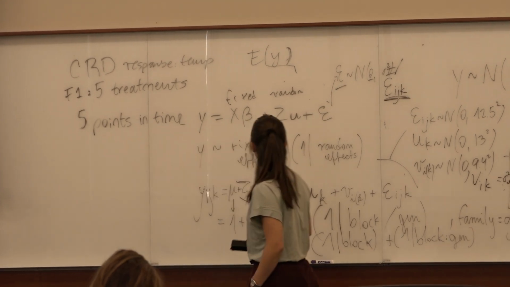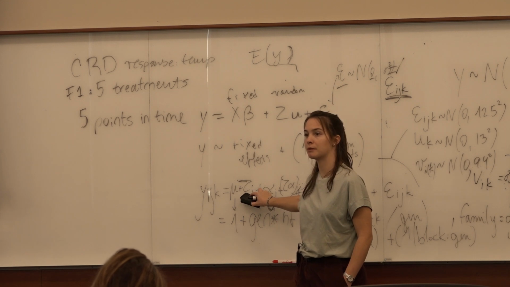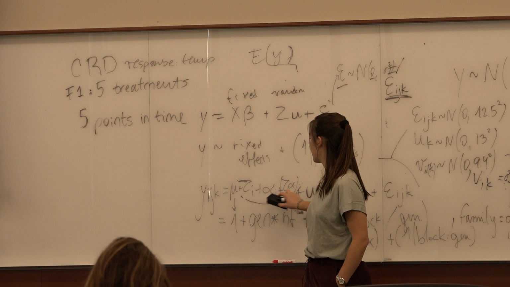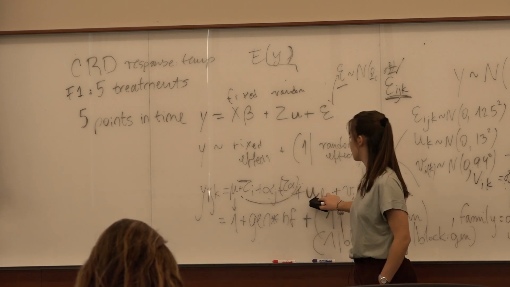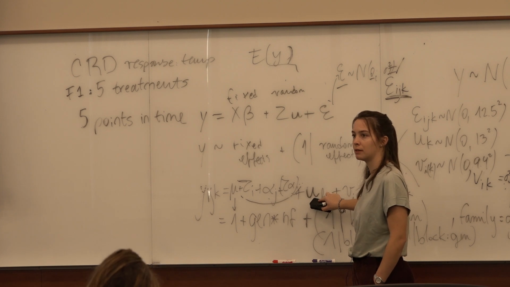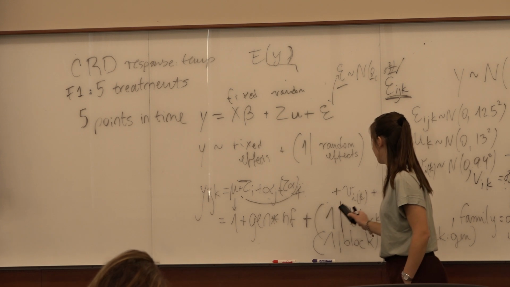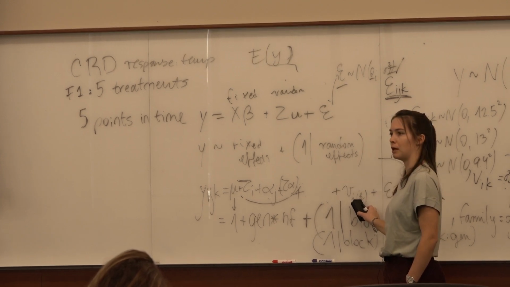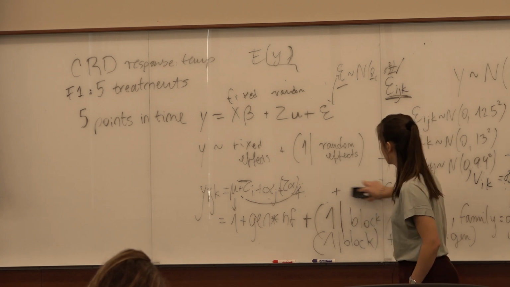So let's go here. Treatment effect, we can recycle a lot of this. Treatment effect, time effect, treatment by time interaction. Do we have block effect? No. Whole plot effect? No, if we don't have blocks, right?